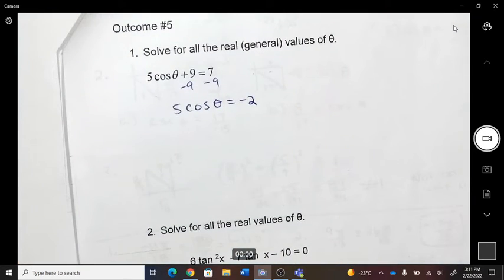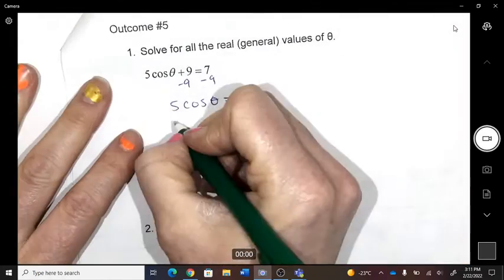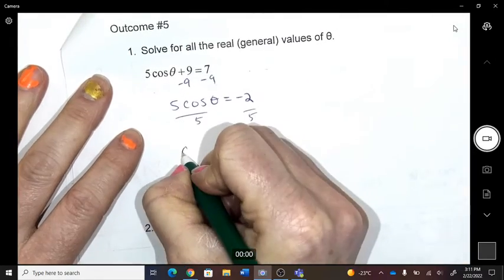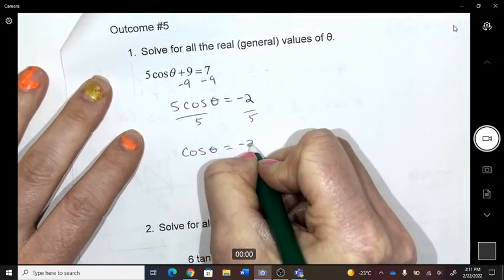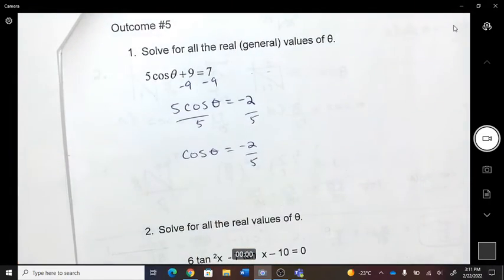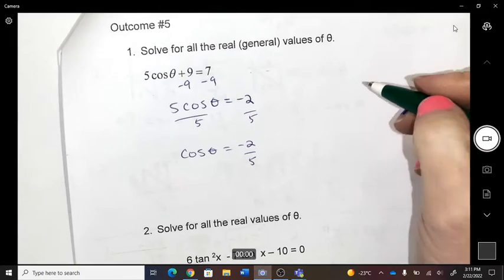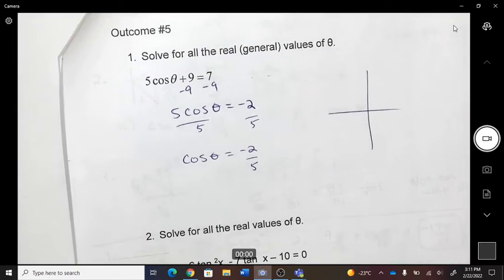So I'm going to subtract 9 and I'm going to divide by 5. Okay, so that was a half a point worth of work. Don't stop there. Okay, next is me saying, what quadrants am I in?